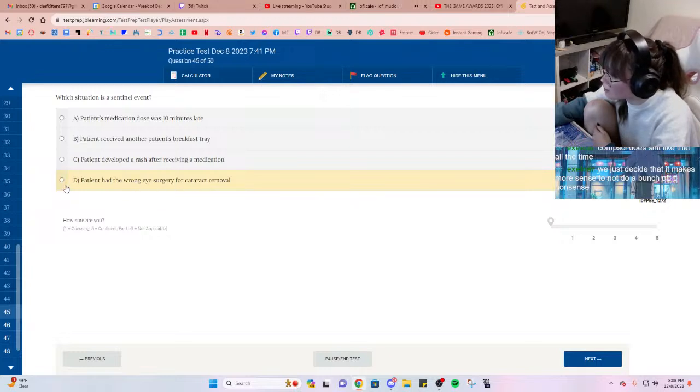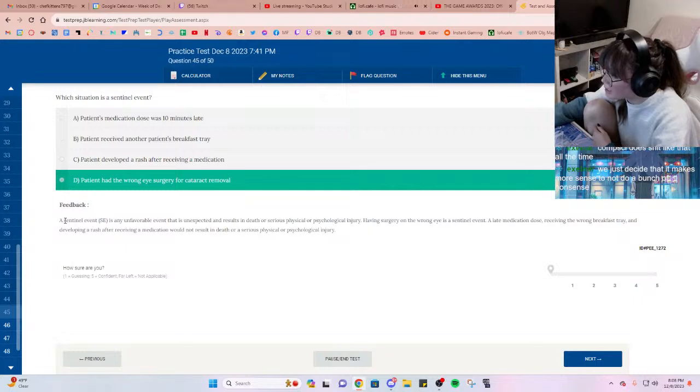I think this one. Yes. A sentinel event is any unfavorable event that is unexpected and results in death or serious physical or psychological injury. Having surgery in the wrong eye is a sentinel event. A late medication dose, receiving the wrong breakfast tray, and developing a rash after receiving medication did not result in death or serious physical or psychological injury.